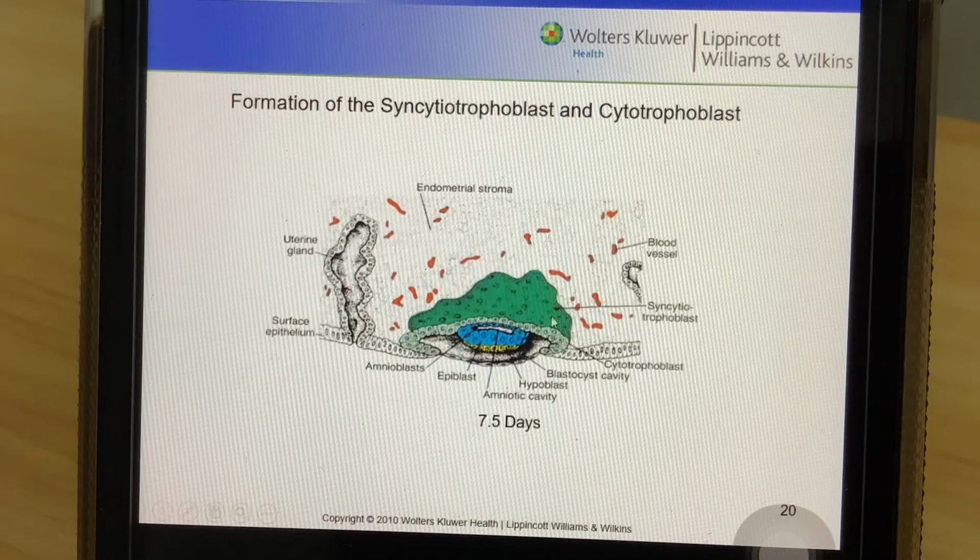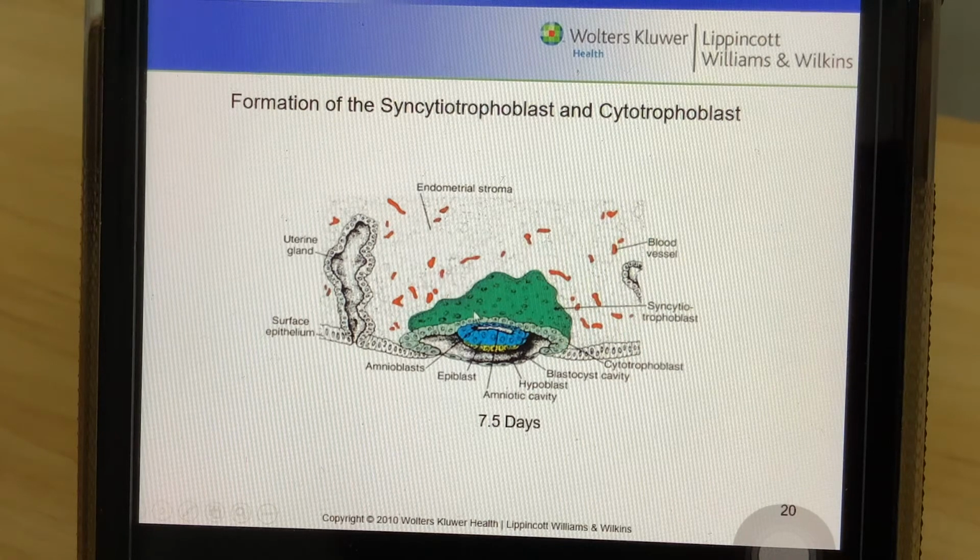Okay, so again, this is a repeat slide of a 7.5 day embryo during the formation of your syncytial trophoblast and cytotrophoblast. You remember this picture? Here, the syncytial trophoblast forms the invasive layer. It burrows into your endometrium, the endometrial stroma; the endometrium is a part of your uterus.